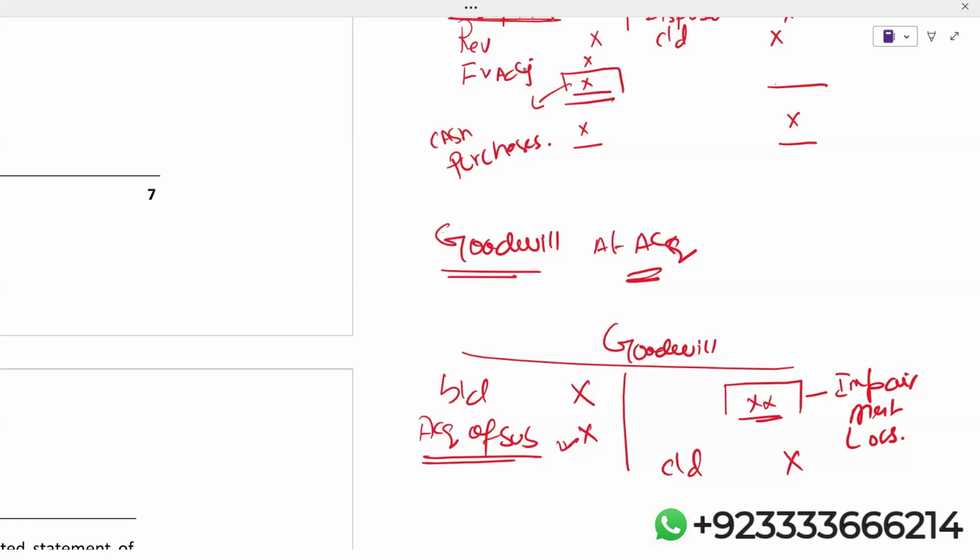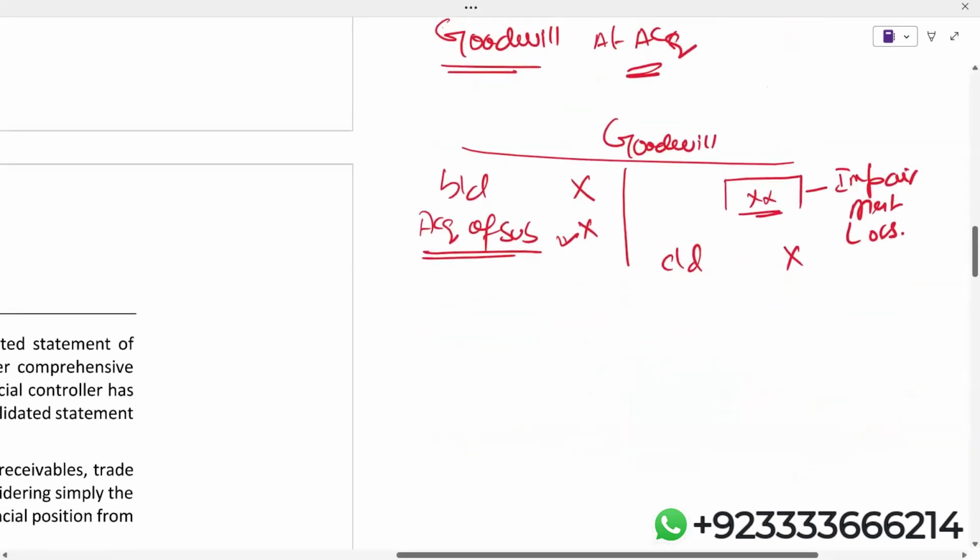In the cash flow statement, we are just concerned with cash inflows and outflows. So whenever we are acquiring a subsidiary, we will calculate goodwill and prepare the T account of goodwill to calculate impairment loss of goodwill, and add it back because it is a non-cash item.